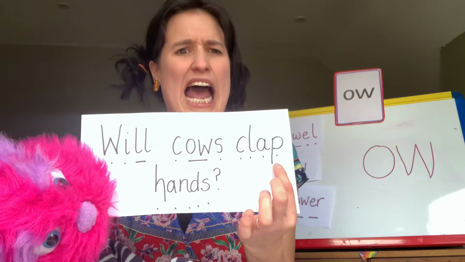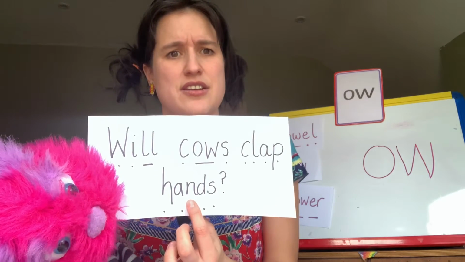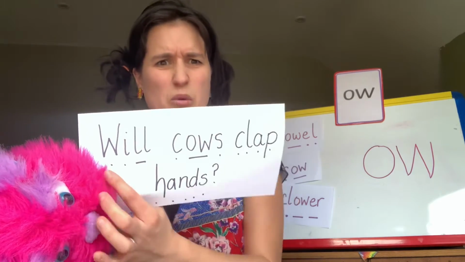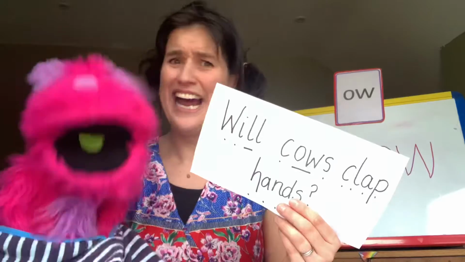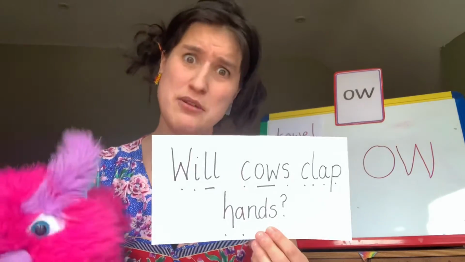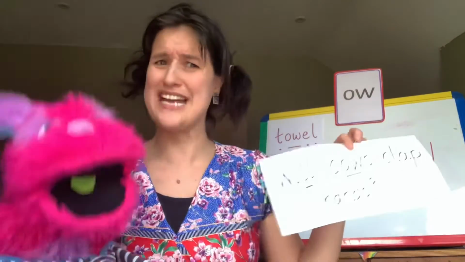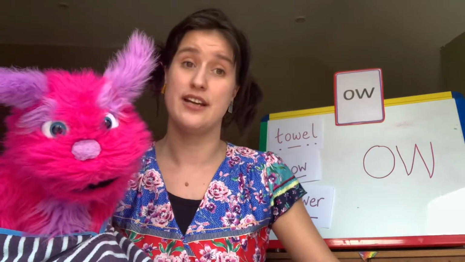Clap. And then there's the last word. Hands. Let's read it again because we got to the end. Will cows clap hands? Alfie, that's really silly. What do you think? No. Cows don't have hands, Alfie. Oh, you're ridiculous. That's a really silly question.